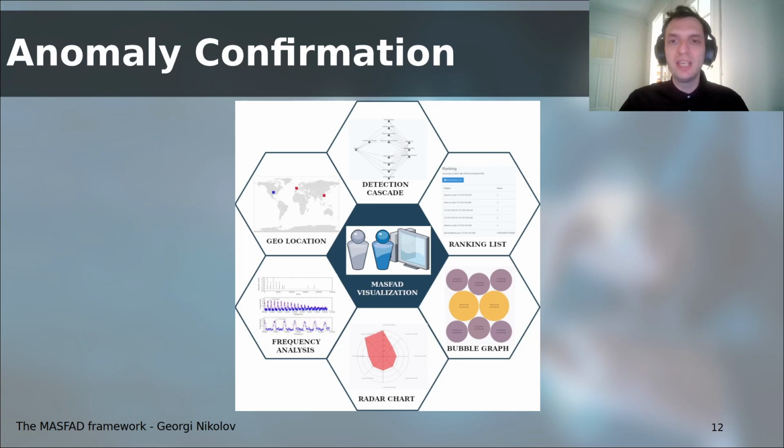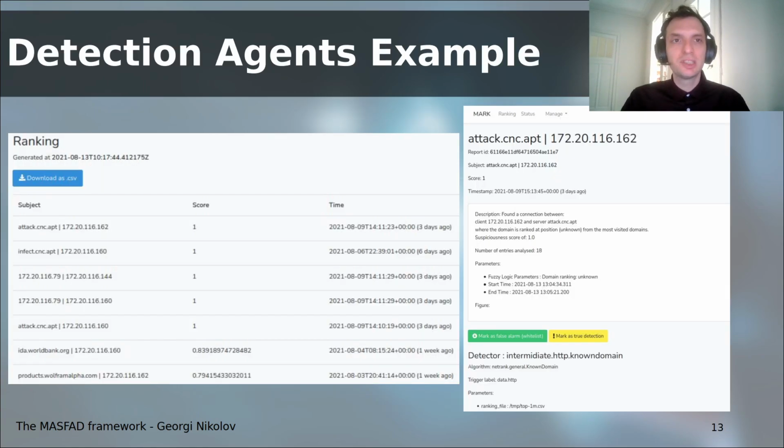There are different ways we can view this ranked list, be that a bubble graph or radar chart, and at the end, each of the different detection agents, when we analyze them separately, has the opportunity to generate figures and visualizations to show how the analysis took part. So here are some examples.